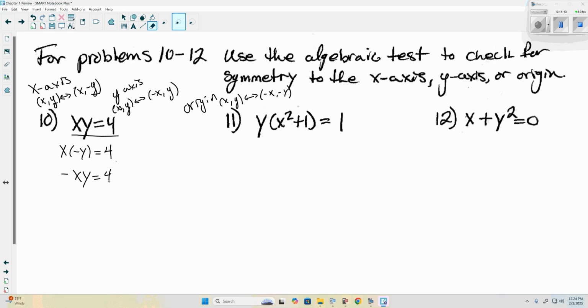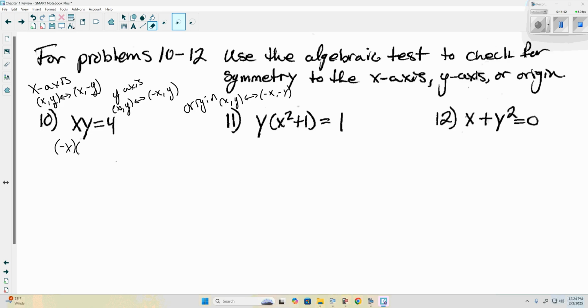Now our original xy was positive. It is now negative. So we can multiply this or divide it by negative 1, which will give us a positive xy, but it'll tell us it's equal to negative 4. Is that the original equation? No. So what that means for us is it's not symmetric to the x-axis.